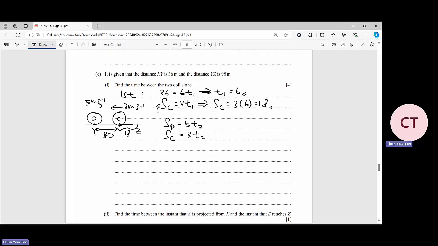But this C is different from the earlier one, because this is the second stage of C. So the total distance SD plus SC2 must be equal to 80 meters, because this is the remaining distance left between them. Then 5 t2 plus 3 t2 is equal to 80, and t2 is equal to 10 seconds. So done. This is the time taken for particles D and C to collide. So part C1 is done.